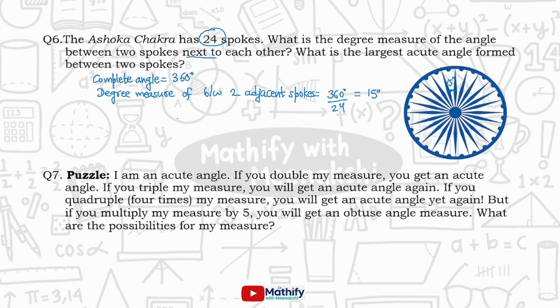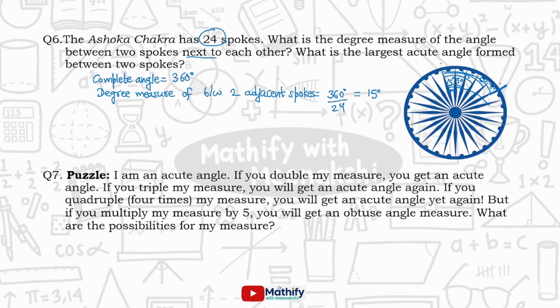Now they're saying what is the largest acute angle formed between two spokes? If you will see, start from here. This one is 15. Then from here to here, it's 30. Then from here to here it's 45. Then 60. Then 75. And then next when you will measure from here to here it's 90, but they're saying acute, so you have to stop here.